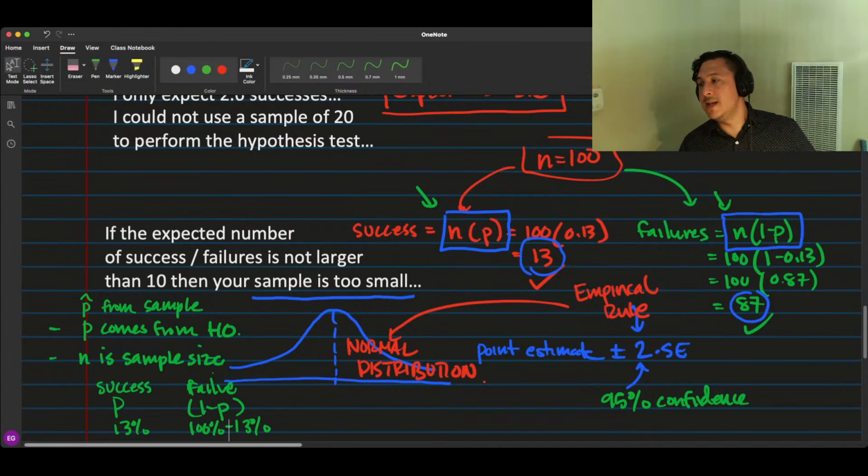So that's why you have to do n times p and n times 1 minus p, because you need both the number of successes and the number of failures to be bigger than 10. And then the probability of failure is the leftover from the probability of success. The probability of success is 13%. The probability of failure is going to be 87%. How do you get that? 100% minus 13%. That's the 1 minus p.